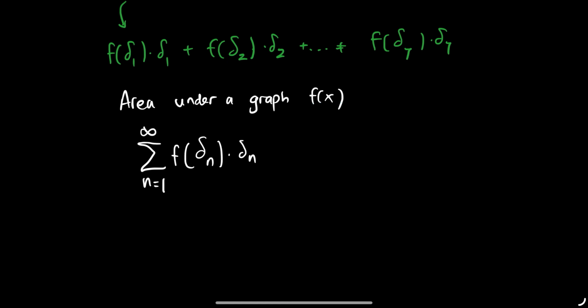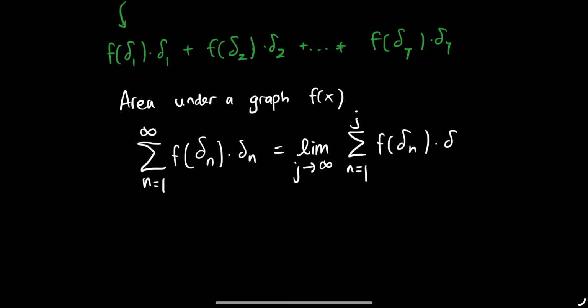Okay, the problem is that when we do this improper summation, we must express it in terms of limits. So this is the same thing as the limit of, say, j approaching infinity of the sum of n equal to 1 to j of f of delta n times delta n.